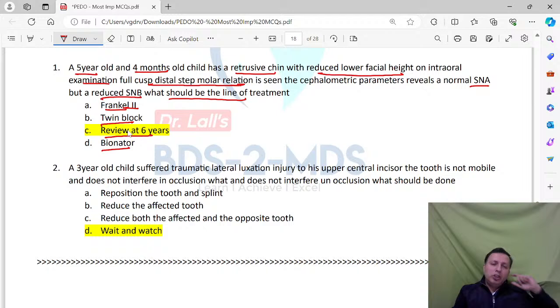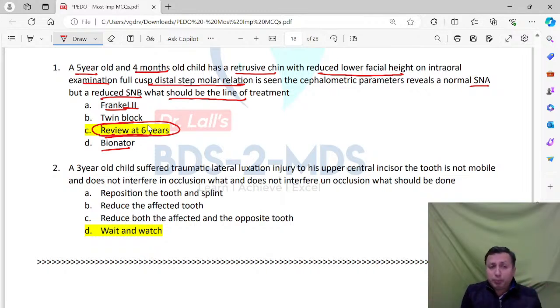Now these Frankel's, twin block and bionator are generally myofunctional appliances. So do we really give myofunctional appliances at an early age? No. So the correct answer is that we'll review at the age of 6 years, once the first permanent molar erupts into the oral cavity, because the patient still has a distal molar relationship, and we need to see whether this distal molar relationship transforms into class 1, class 2 or class 3.